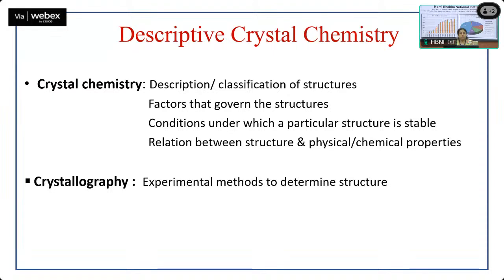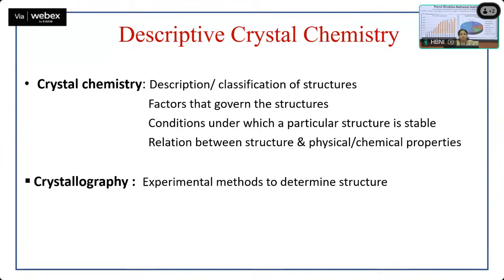So what do I understand when I say crystal chemistry? A, it is the description or classification of structures. Then, what are the factors that govern the structure, that ask the material to take up that particular structure? Conditions which encourage the stability of that particular structure.